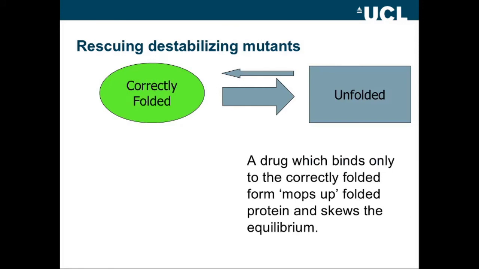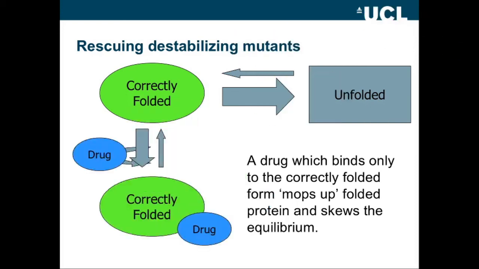Now, if you can design a drug that binds to the correctly folded form without actually having any effect on function, then what will happen is that it will bind this correctly folded form and skew that equilibrium by the law of mass action over to the left in this diagram, meaning that we'll get more correctly folded protein present. So by doing this, we're going to achieve the desired effect of rescuing the function of a mutated protein.